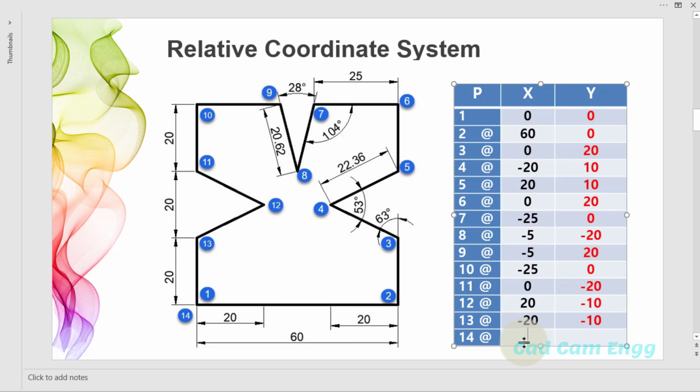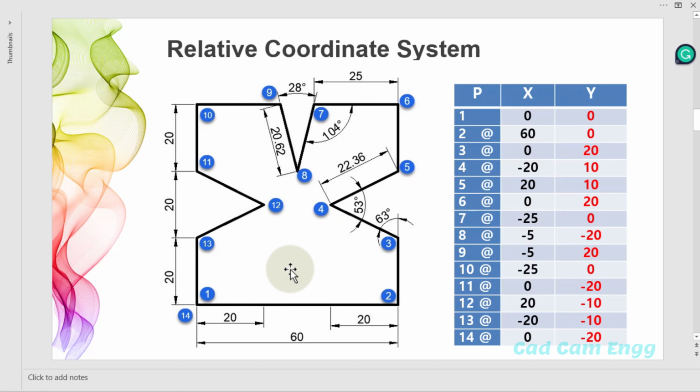And for the last point, we can give C also. We press C and enter, and the entire sketch closes; otherwise we give the values 0 and minus 20. So this is our entire x and y axis values for this particular sketch.